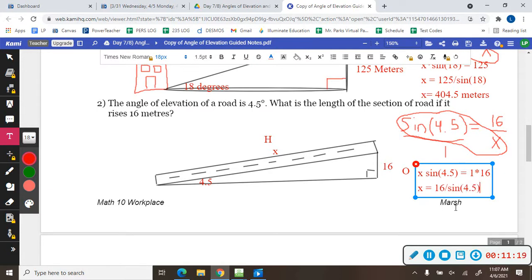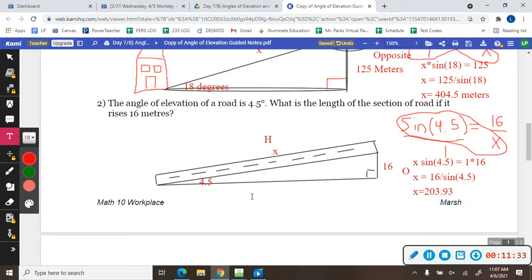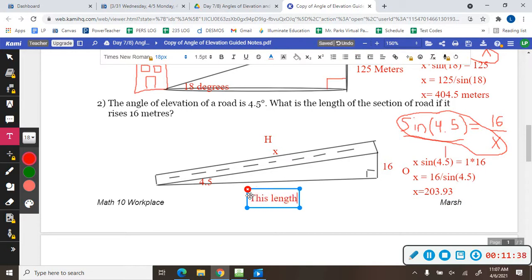Type that in your calculator and you get 203.93. So I would probably say this length of road is approximately 204 meters.